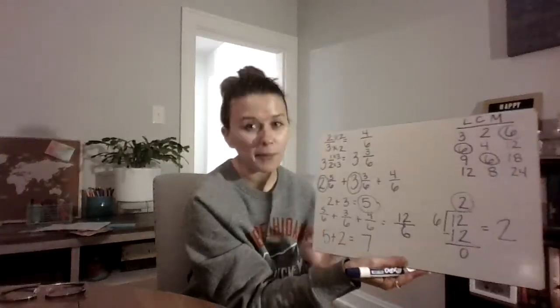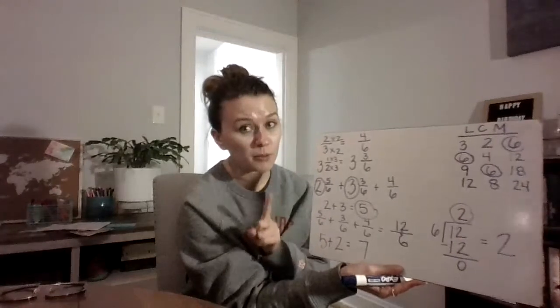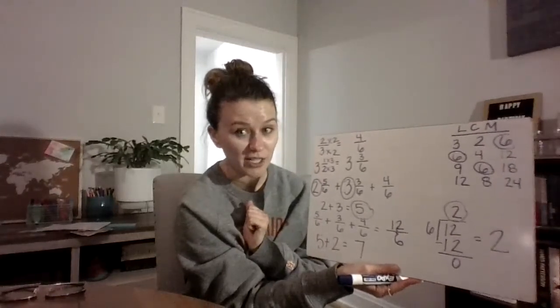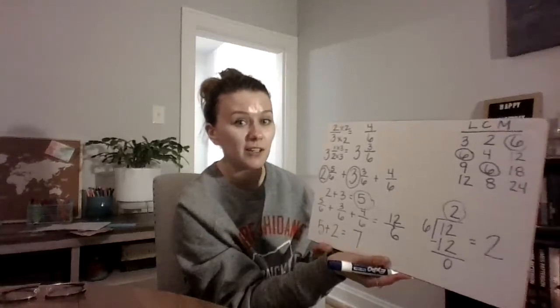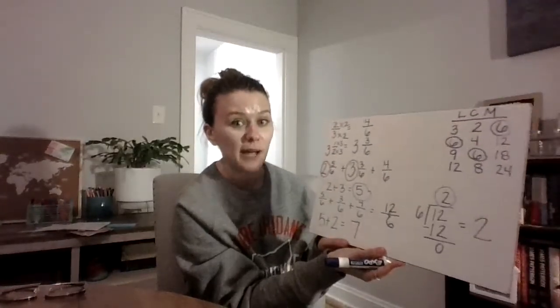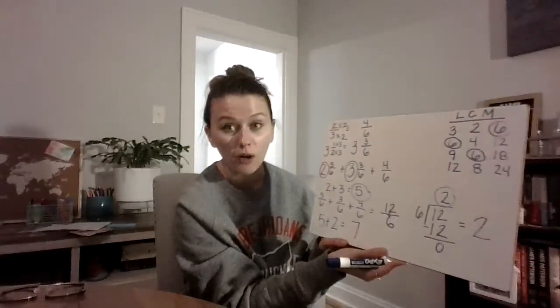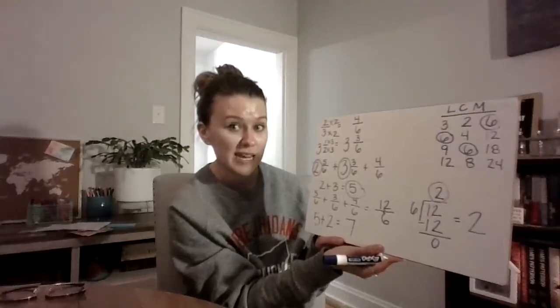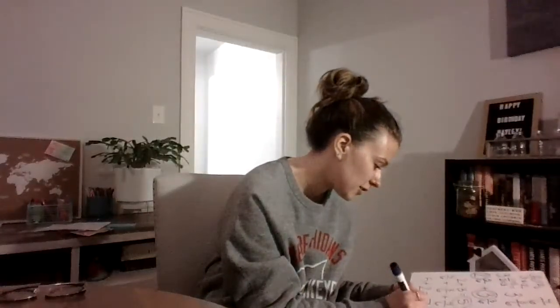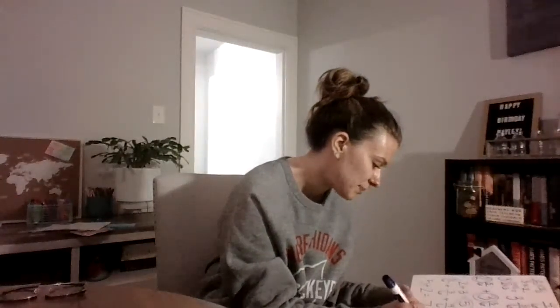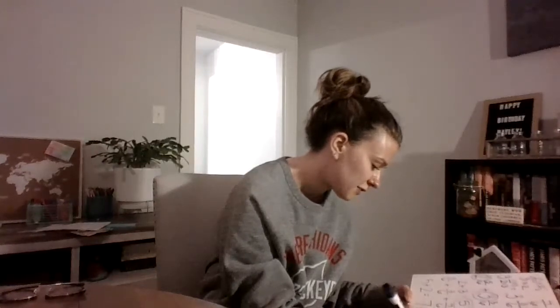If I look back at my word problem, remember, with word problems you need to label your answer so we know what those numbers represent. And if I look back, it says, how much flour did Chase use in all? And when he was measuring, he was using cups as his unit for capacity. So I'm going to say he used 7 cups of flour.